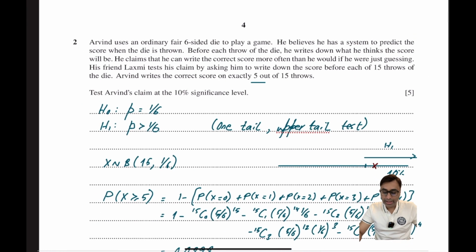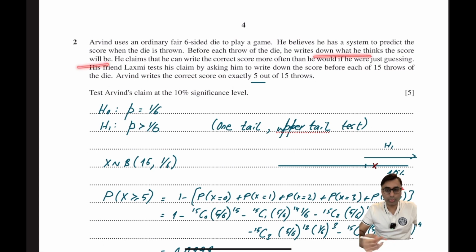Let's have a look at another example, and this is one from a past paper question, where it says Arvind uses an ordinary fair six-sided die to play a game. He believes that he has a system to predict the score when the die is thrown. Before each throw of the die, he writes down what he thinks the score will be.